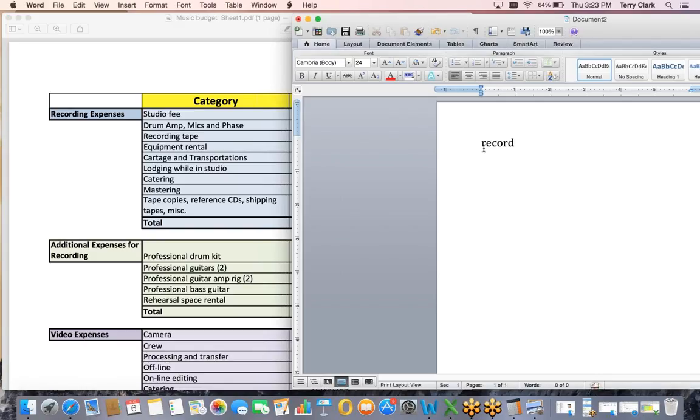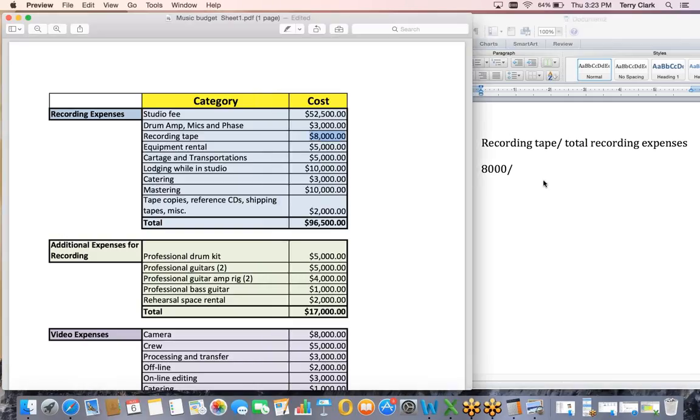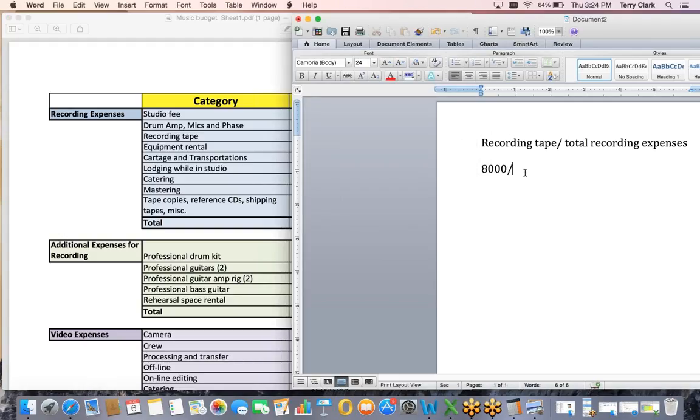Okay, and I'll start it off this way. I'll say recording tapes over your total recording expenses. Like that. Okay, so recording tapes is 8,000. And then the total is going to be 96,500.